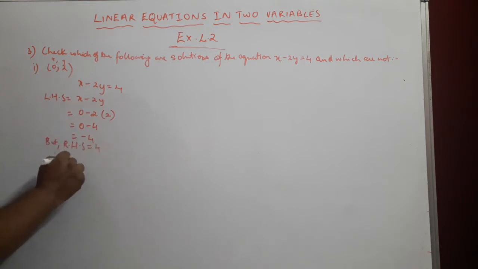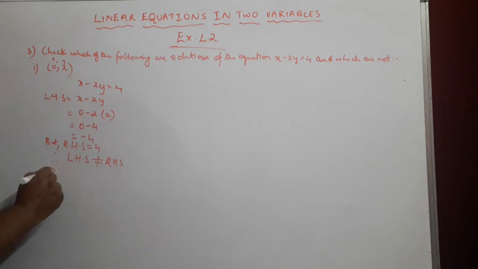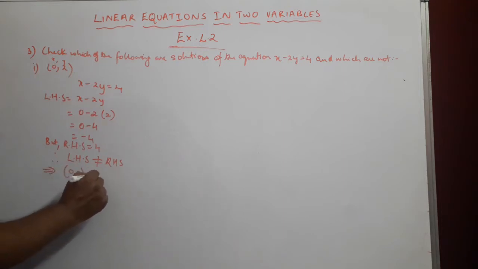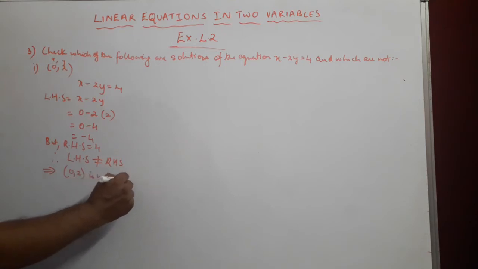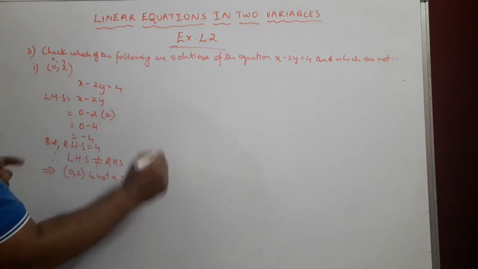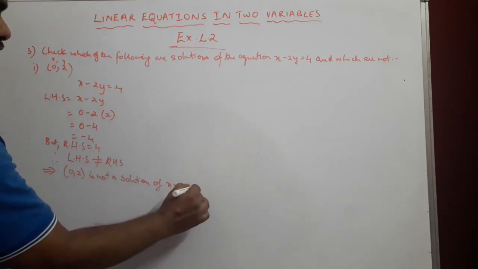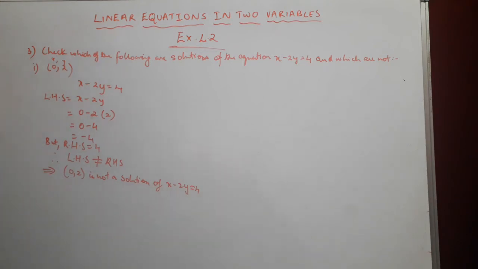Therefore, LHS is not equal to RHS, which implies that 0, 2 is not a solution of the given equation, which is x minus 2y equal to 4.